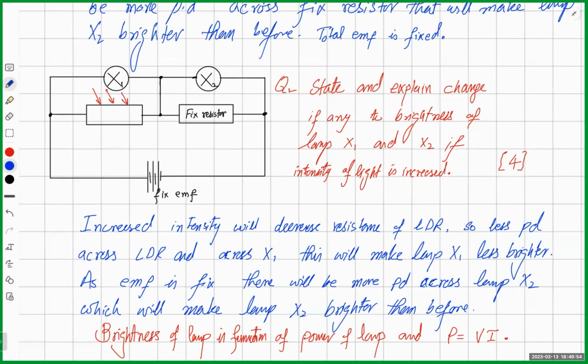And this is because brightness of a lamp is a function of power, and power equals voltage multiplied by current. When we say brightness of the lamp, we actually want to describe the amount of power developed in that lamp. Similarly, speed of a motor means power dissipated in the motor.